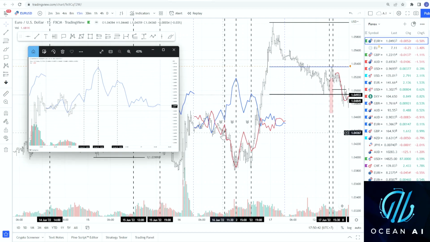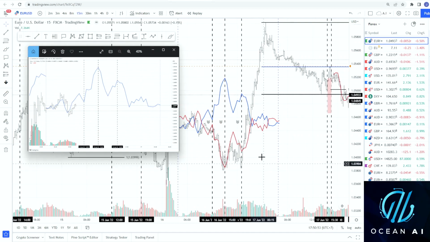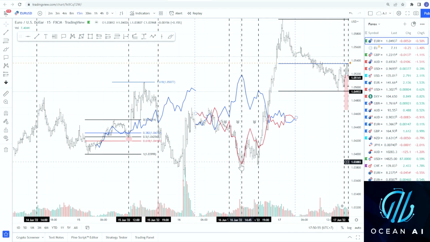Got that pullback, but it turned and then fell away. So what we did get from that was this pullback into the 78% at the change of trend window. So that turned out to be quite a good trade to the upside. And we got the first move away, and then we pulled back again into this one to get that rally there. That ended up being quite a big one.